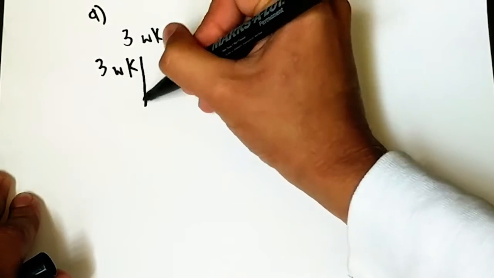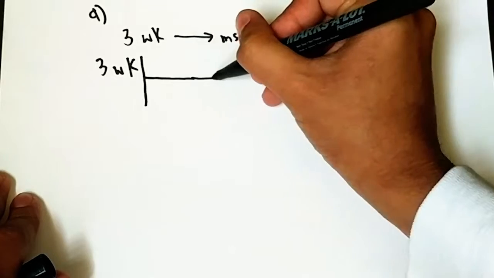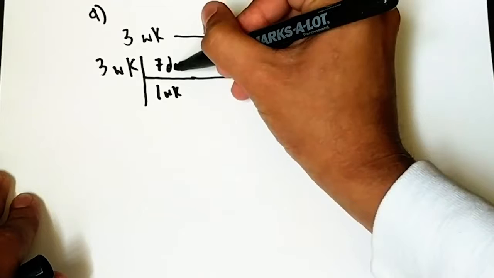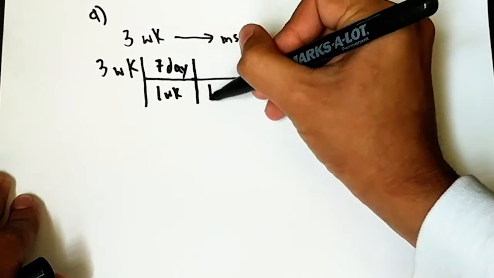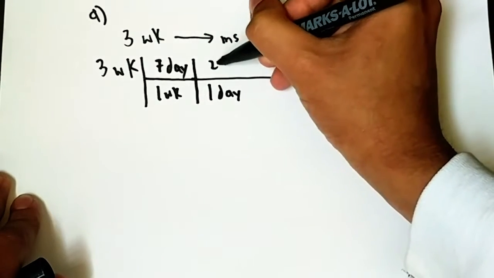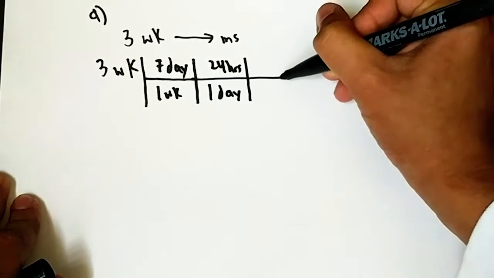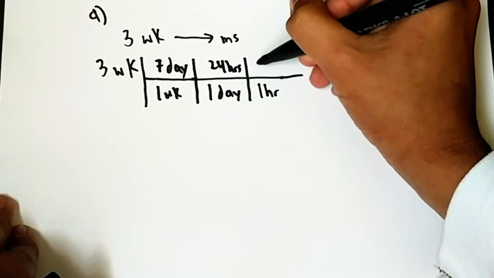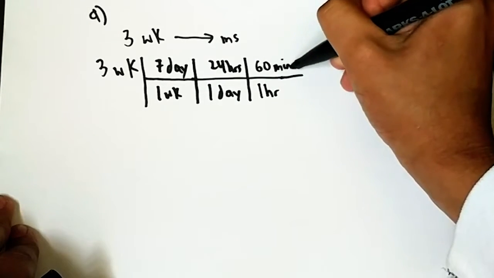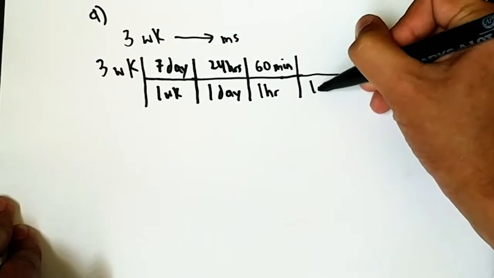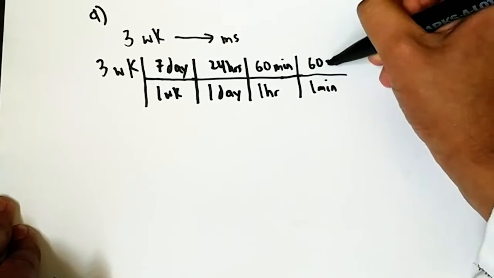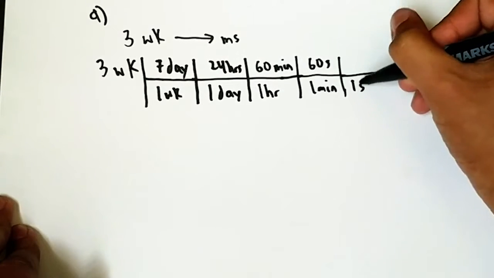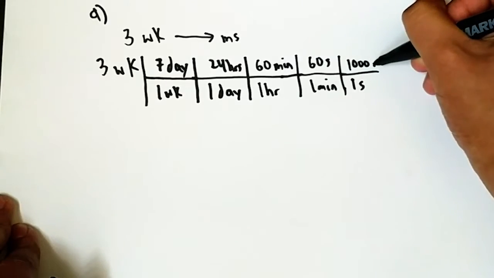So 3 weeks is going to be converting 1 week to 7 days. 1 day is 24 hours. 1 hour is 60 minutes. 1 minute, 60 seconds. And finally, 1 second is 1,000 milliseconds.